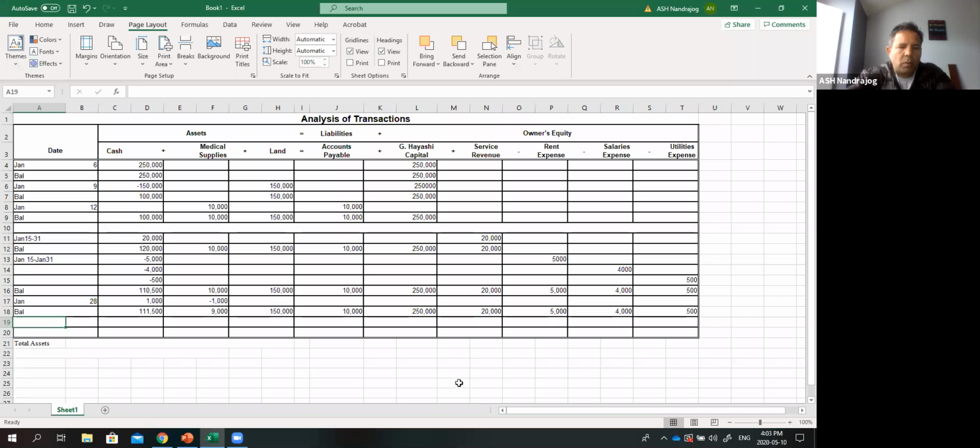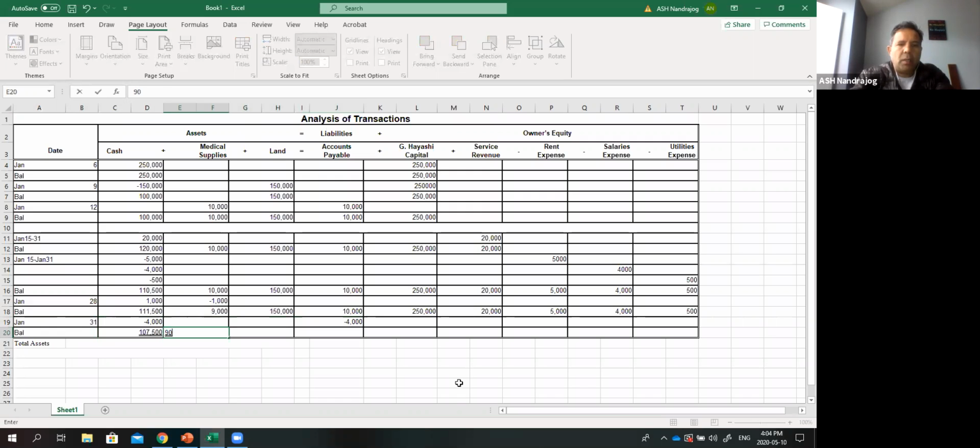Okay, so January 31st, we would say our cash has to go down by $4,000. So we record $4,000 negative. No change to supplies. We are saying accounts payable has to go down by $4,000. Okay, so that will leave us with a balance on the cash. It is 107,500.